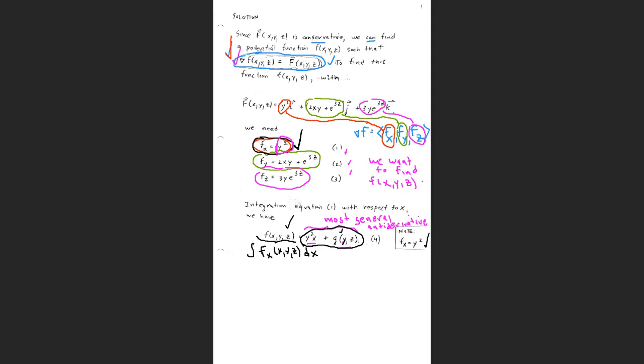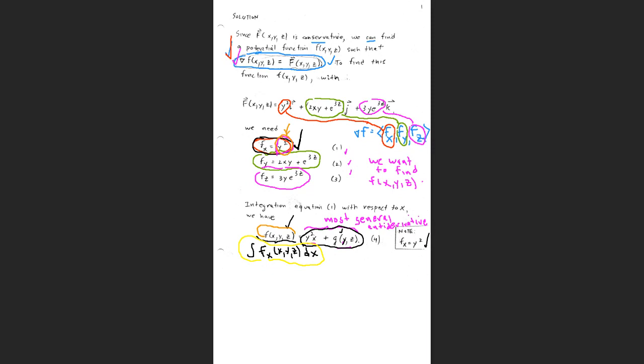And when we integrate the partial derivative of f with respect to x, the integral of a derivative is just going to give us the function back. So that's why we have this function here. But you have to integrate the y squared with respect to x. You have to integrate the right-hand side with respect to x.